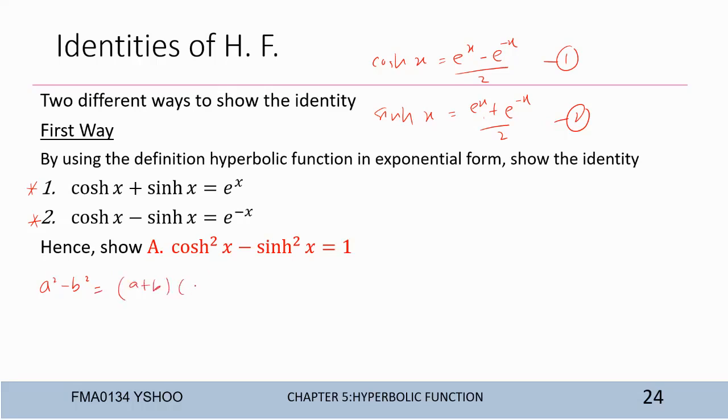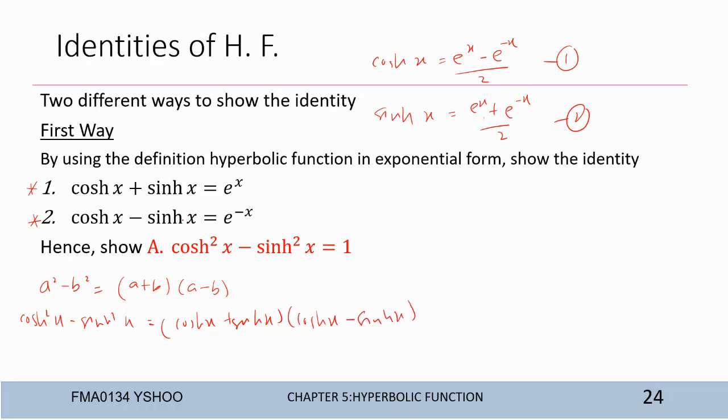We can separate it into (a plus b)(a minus b). Over here, a is cosh x and b is sinh x, so cosh squared x minus sinh squared x is (cosh x plus sinh x)(cosh x minus sinh x).